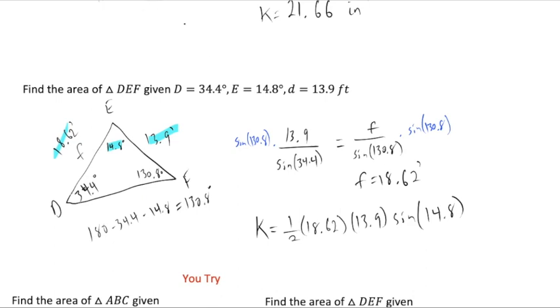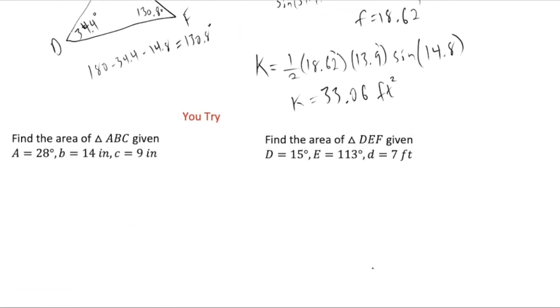Remembering that each of these units is a foot, this is going to give me a feet squared unit answer. So 1/2 times 18.62 times 13.9 times the sine of 14.8 gives me 33.06 feet squared for the area of this triangle.